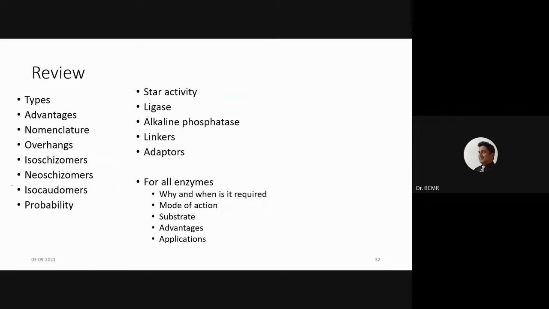So what we will learn is, I forgot to mention isocaudomers. Isocaudomers are those restriction endonucleases which may recognize different sequences but give identical overhangs at the ends. Say I will take GGATCC.